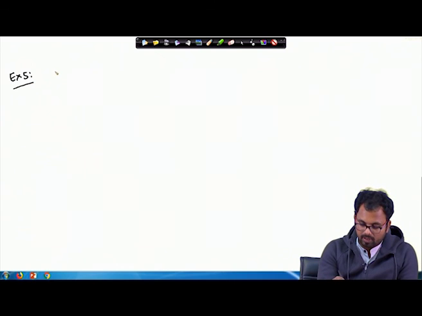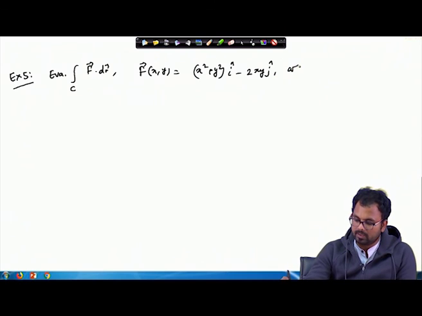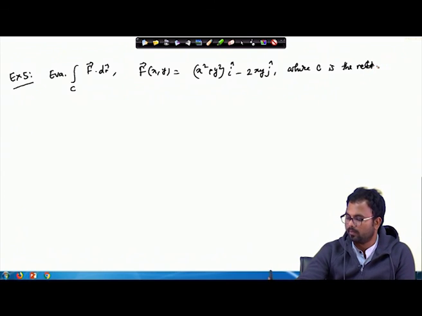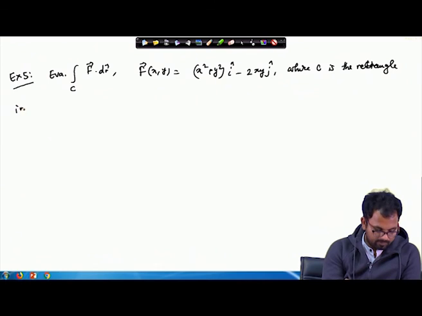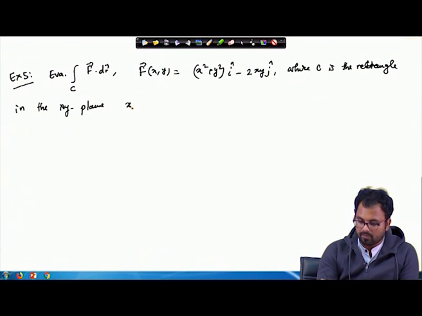Here we have to evaluate, like before, the integral of f dot dr, where our given vector function f(x, y) is (x square plus y square) i minus 2xy j, where C is the rectangle in the xy plane, with vertices at x equals a, y equals 0, x equals a, y equals b, and x equals 0.